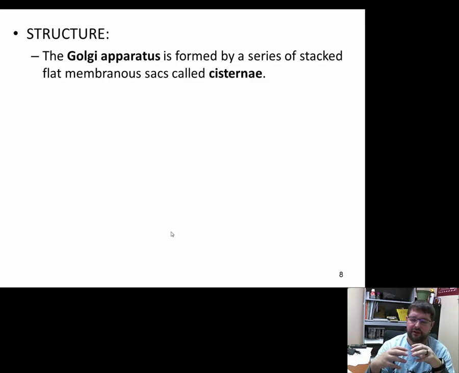Material comes in, it sometimes needs repackaged. Sometimes things like proteins need to be folded in this region. Other times you need to just stick a sugar coating on it. And then it gets put into vesicles and it moves out to wherever that protein, or in some cases wherever that fat, is needed.